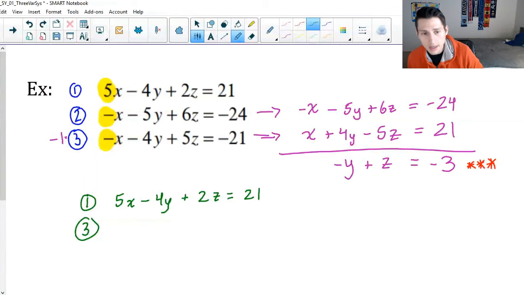Now, since I'm trying to get rid of x, if equation 1 has a coefficient of 5 on x, then I want equation 3 to have a coefficient of negative 5x. Right now, the coefficient is -1. So I'm going to go ahead and multiply this by 5.